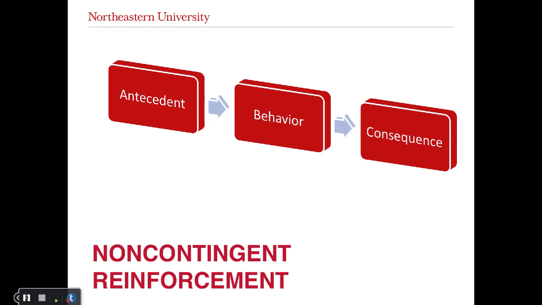So it's where a stimulus that has reinforced behavior in the past is delivered based on the passage of time, meaning not contingent on behavior. If we think about this, it's a bit ironic and a bit misleading because by definition, reinforcement is contingent. So we want to really pay attention to what's happening when we're talking about non-contingent reinforcement.